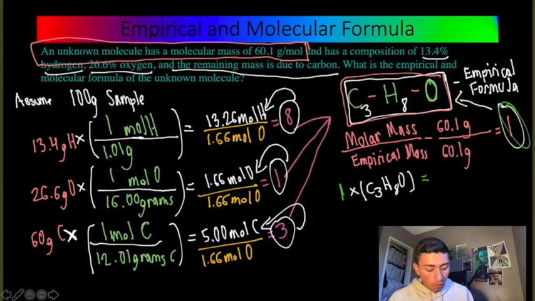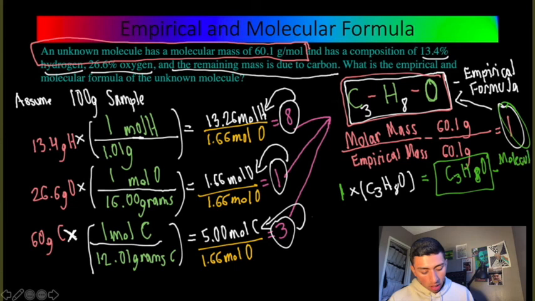So our molecular formula is going to look something like this. It's really the same exact answer as our empirical formula. So our empirical formula in this case is the same as our molecular formula, but this will not always be the case.